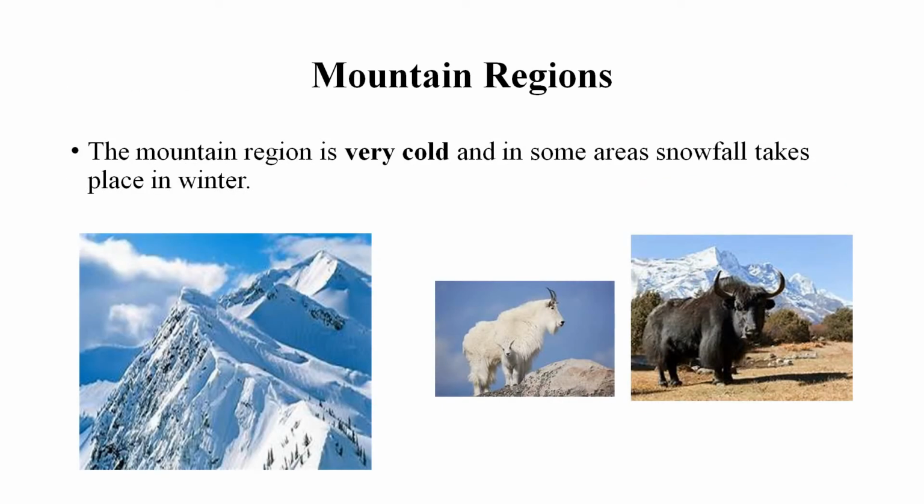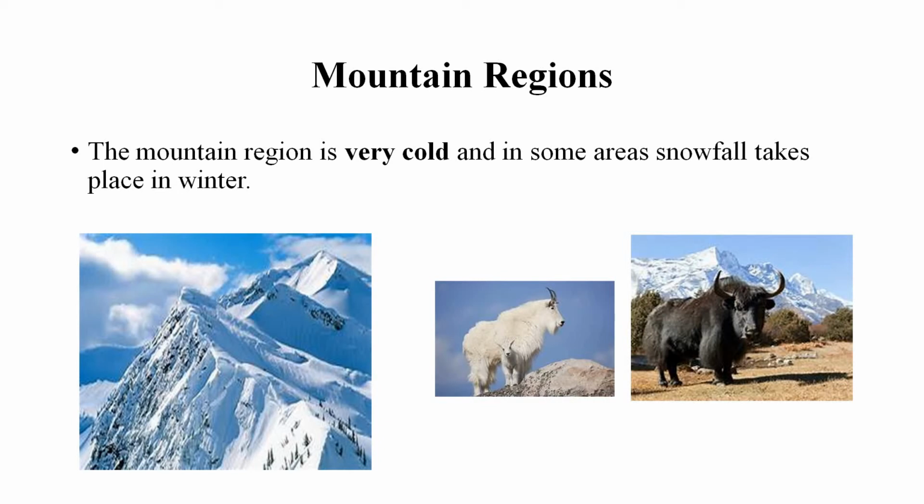Mountain regions. Students, the mountain habitat is very cold and in some areas snowfall takes place in winter. The trees of the mountain habitat include pine, oak, maple, etc. These are generally cone-shaped and have sloping branches.